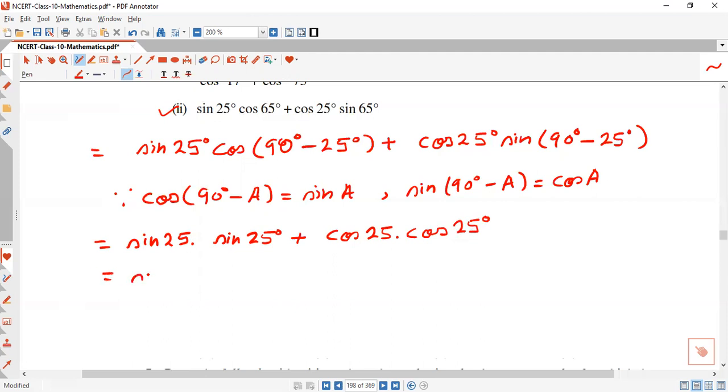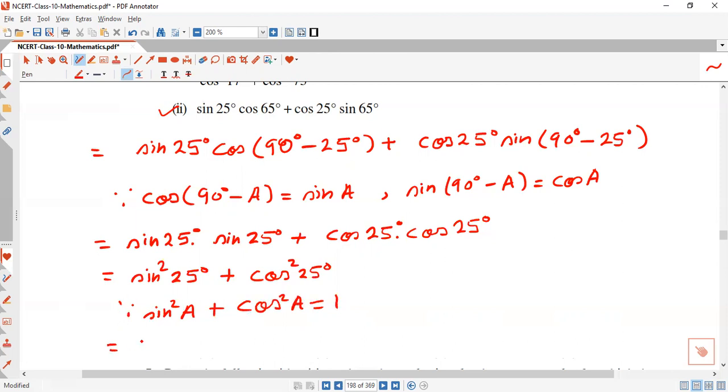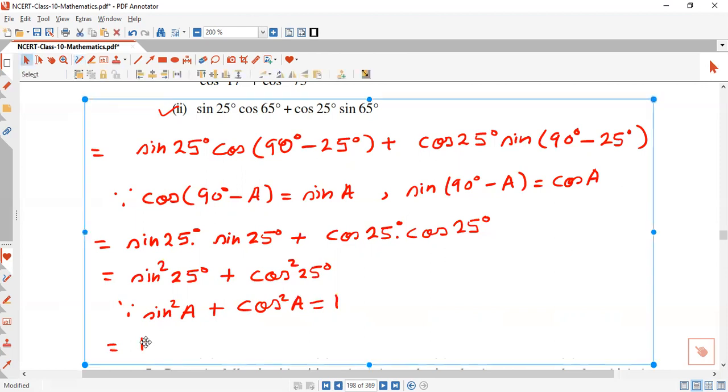So it becomes sine square 25 degree plus cos square 25 degree. Again we know the formula, sine square A plus cos square A equal to 1. So this value comes out equal to 1. The answer is 1 for this question also.